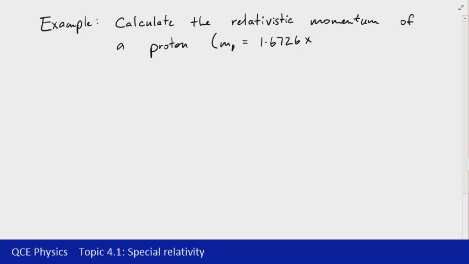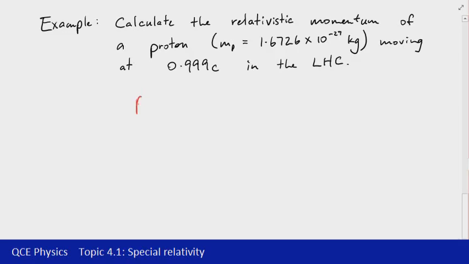I've rounded that off to 4 decimal places there, so it actually has a bit more detail in that measurement in the data booklet, but we'll just use that value here. And imagine that it's moving at 0.999 times the speed of light. Now if you look up data about the Large Hadron Collider, you'll see that they can move even faster than this value here, but we'll just deal with that for this particular example.